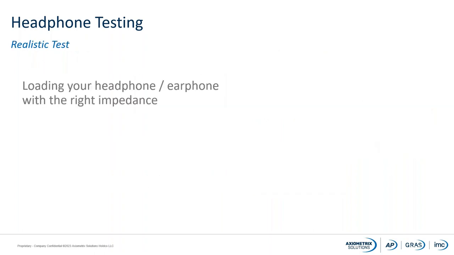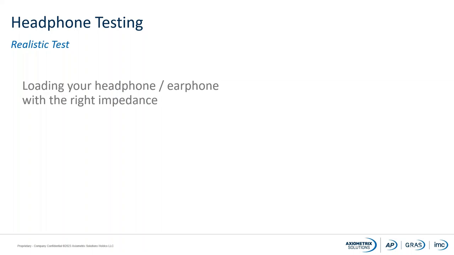Realistic test. In R&D, when we are doing type approval, when we are doing a part of the production engineering phase, it is very important that the headphones are tested as realistically as possible.